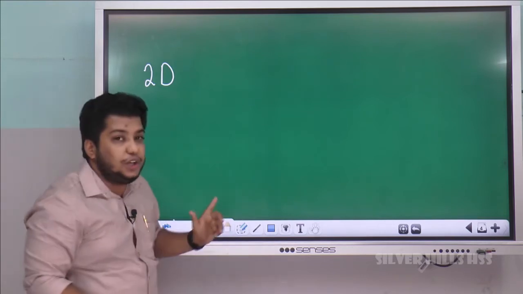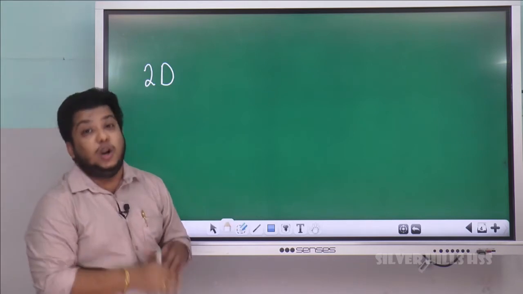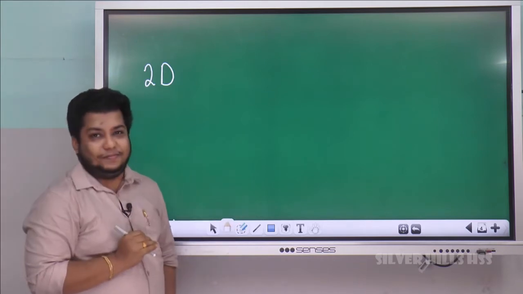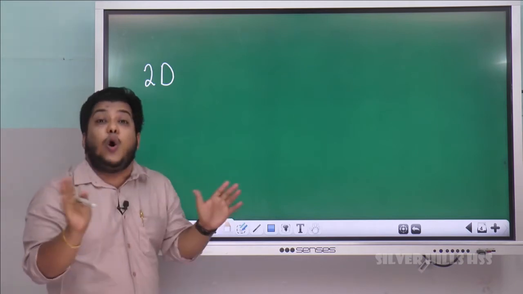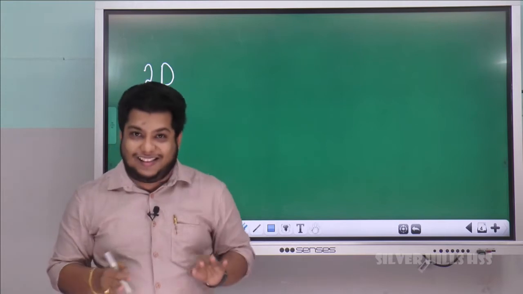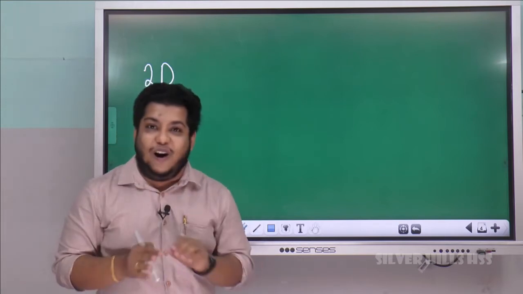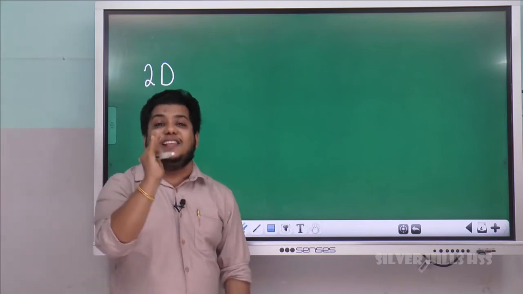Now I'm going to discuss what is meant by two-dimensional motion or 2D. For that, we have to consider two coordinates. You are familiar with the term coordinates. There are three different coordinates: x-axis, y-axis and z-axis.